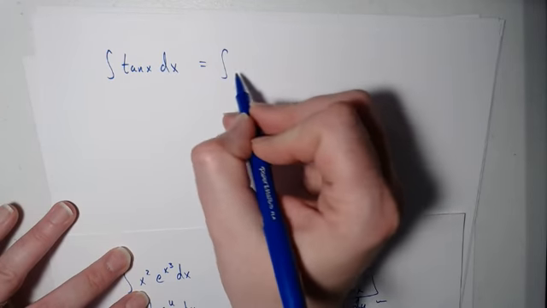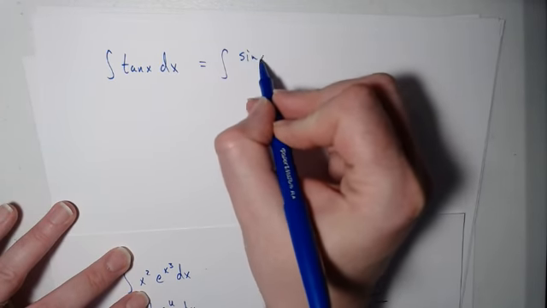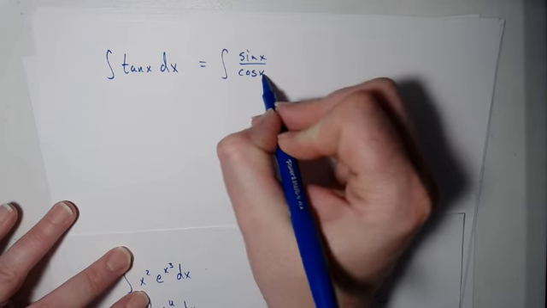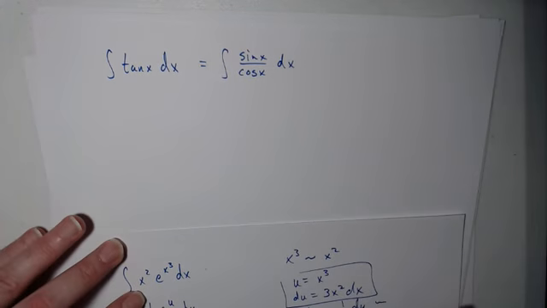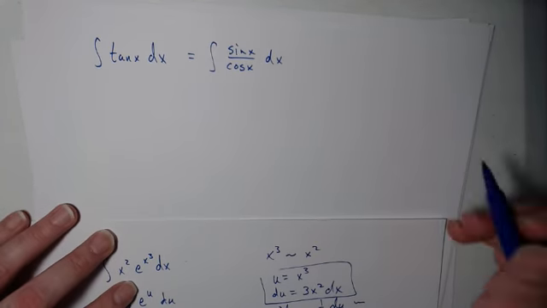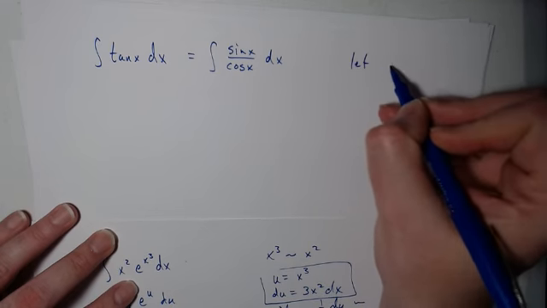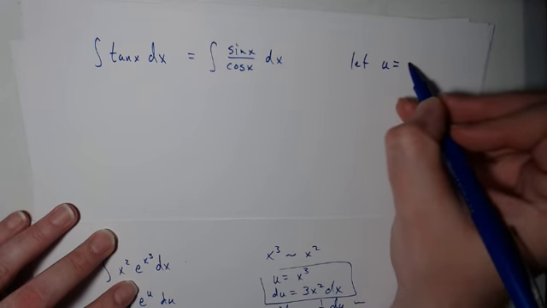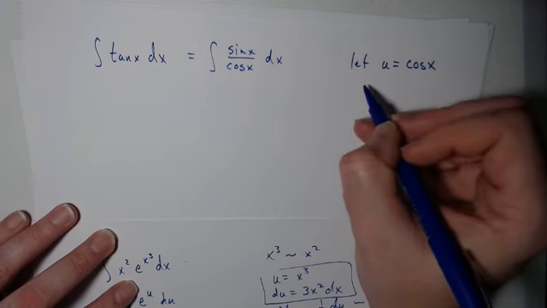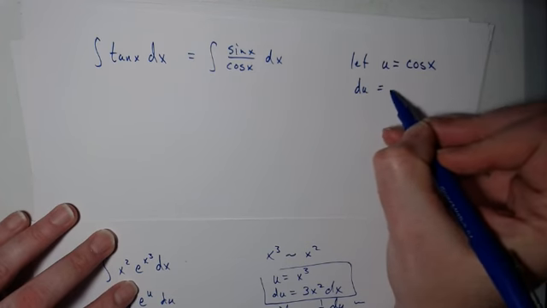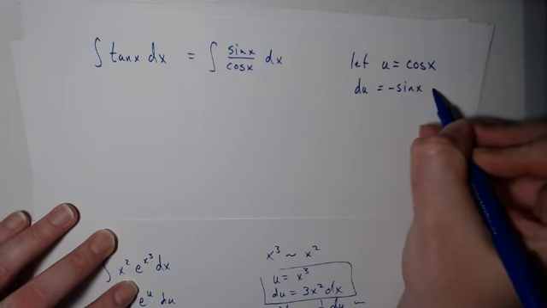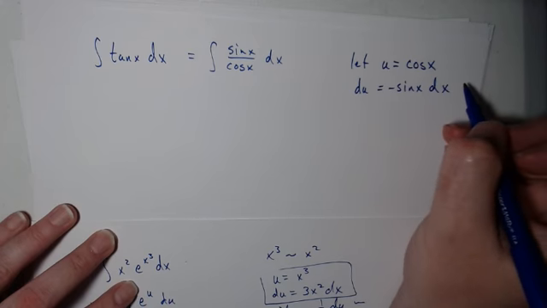What if we use the trig identity and write this as sine x over cosine x dx? Then we can let u equal cosine x, then du will be equal to minus sine x dx.